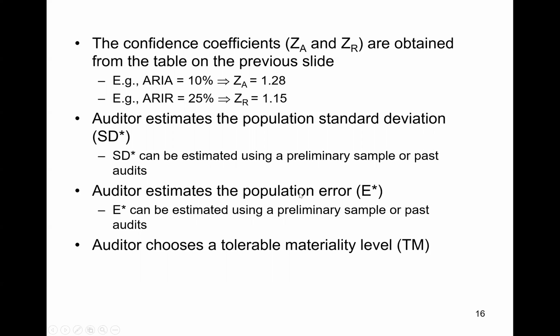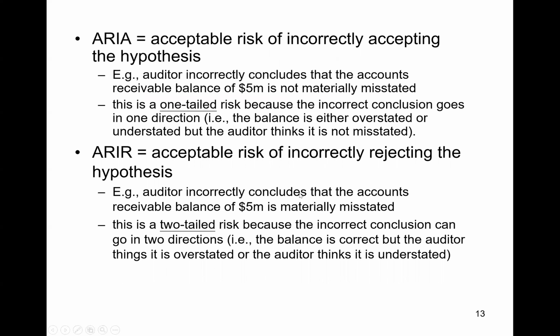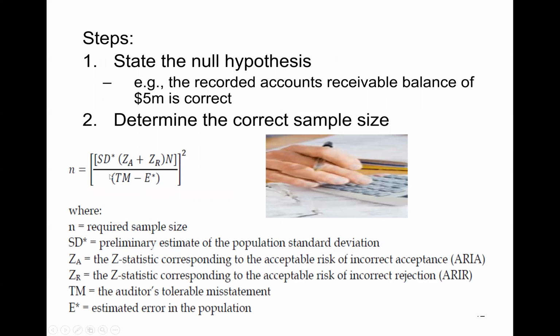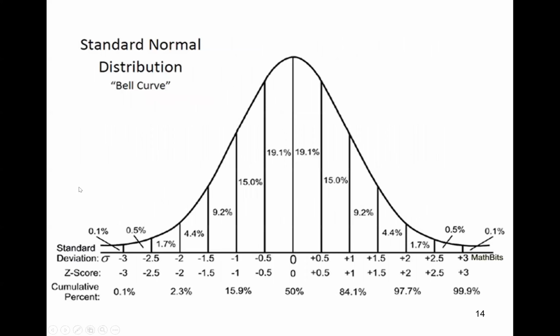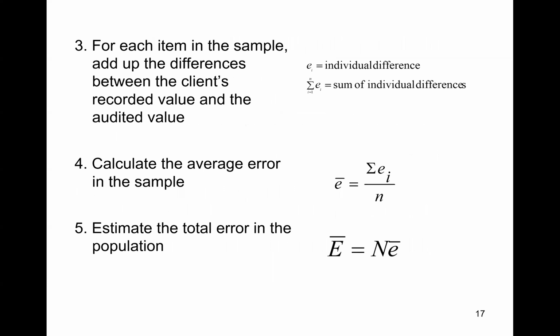Okay, so you've got all these numbers now. And remember, the reason why you are assembling these numbers is you're going to plug them into this formula to obtain the optimal sample size. Okay, so once you've got all these numbers, you plug that in and calculate what the sample size should be.